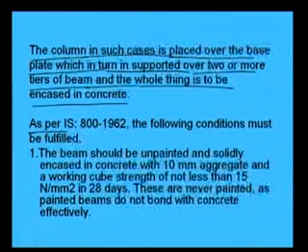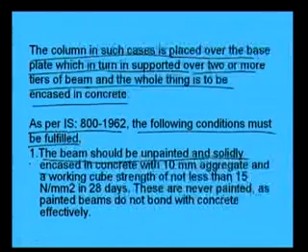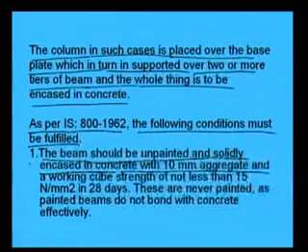As per IS 800:1962, the following conditions must be fulfilled. Let us see what conditions we have to fulfill while going for the grillage footing. First, the beams should be unpainted and solidly encased in concrete with 10 mm aggregate and a working cube strength of not less than 15 Newton per millimeter square in 28 days.